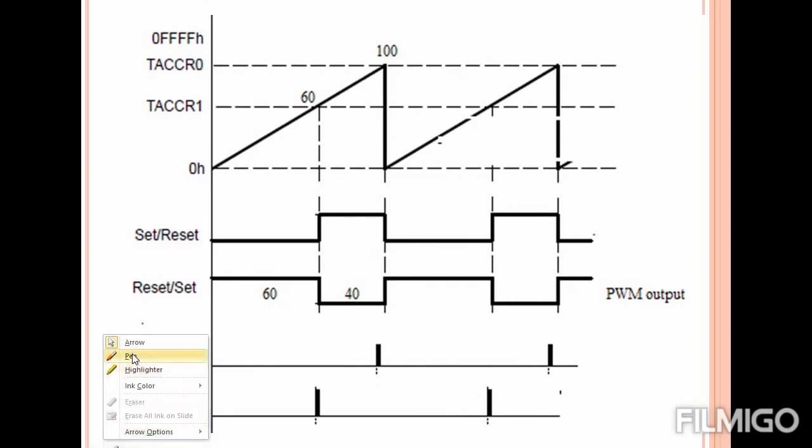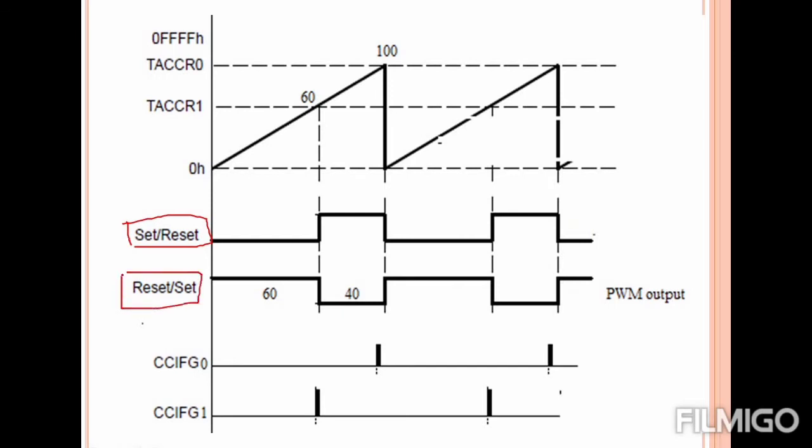And here we see how to generate PWM signals using timer output modes. Consider this is the timer up mode, and the output modes used here are set/reset mode and reset/set mode. Here, the value 60 is stored in TACCR1 and the value 100 is stored in TACCR0. In set/reset mode, initially the signal will be in the reset state and it will set when it reaches TACCR1.